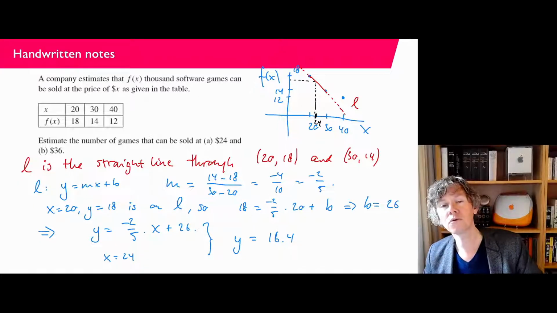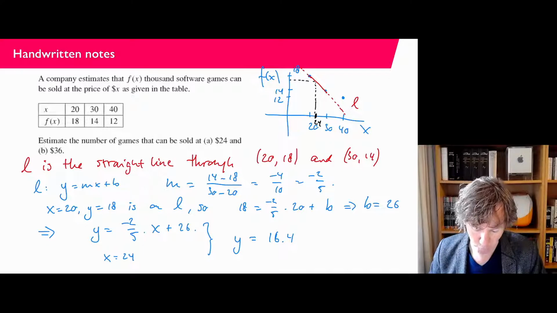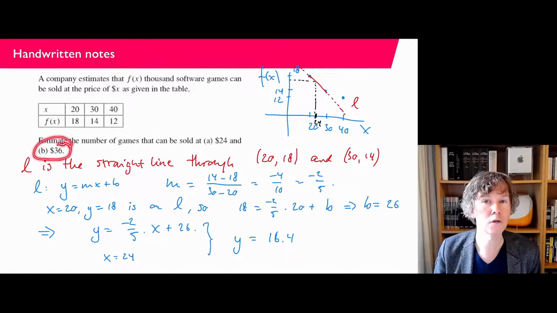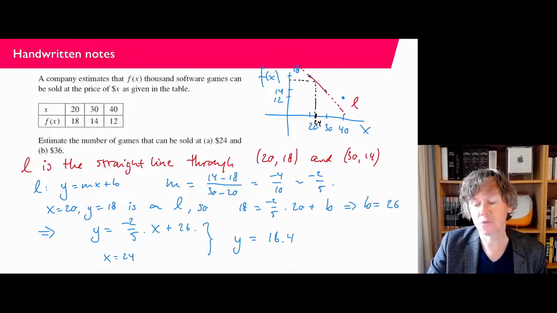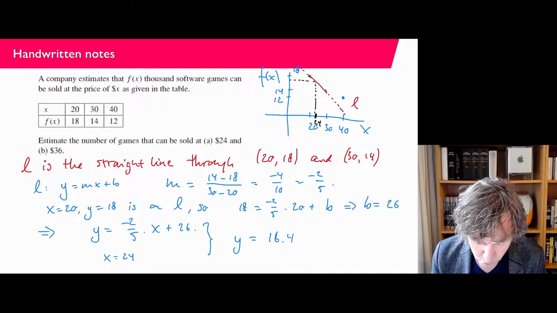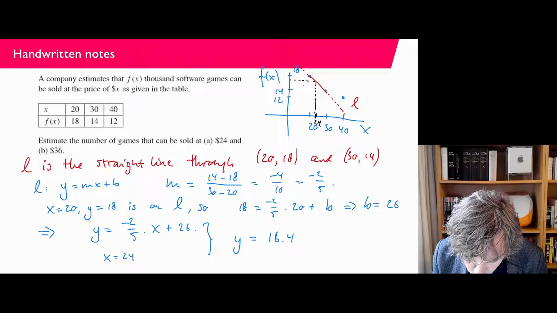So apparently the number of computer games sold is 16,400. And then the B question for 36, you basically do the same thing, but then you are going, let's do that in green, you will do the line through these two data points.